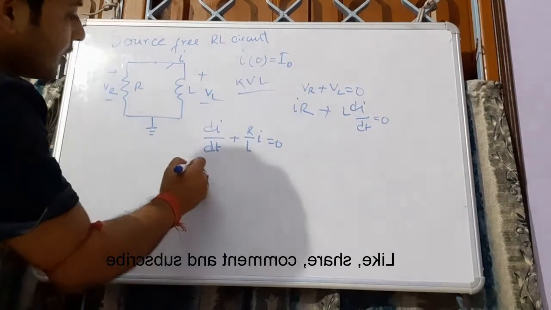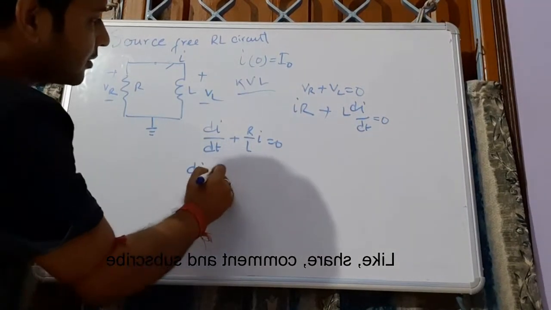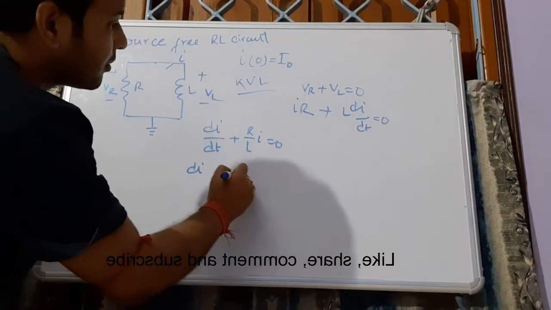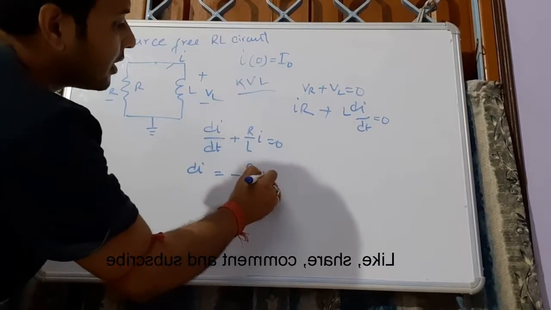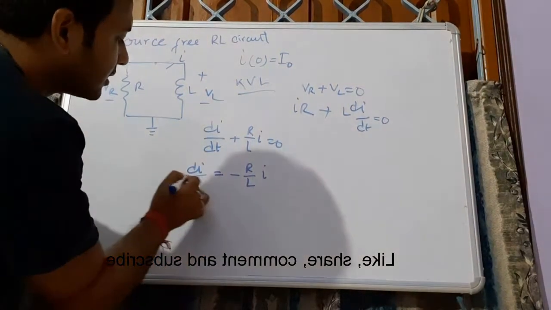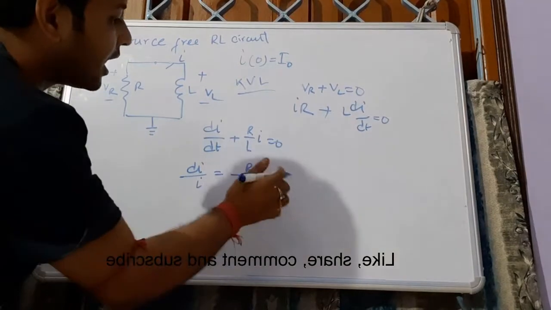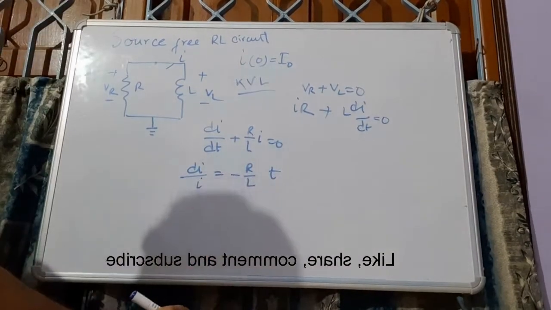Now take di by I equals minus R by L into dt, right?